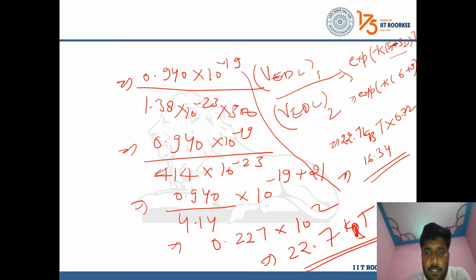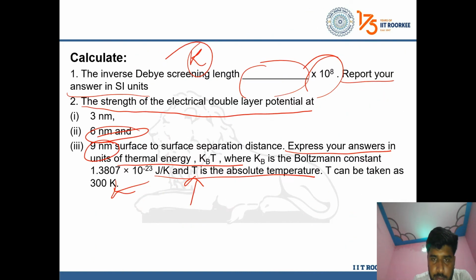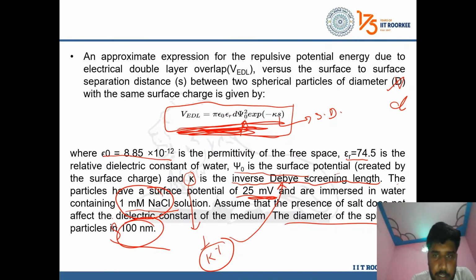For a quick answer, you have to just take the ratio. If you are getting this term, the 22.7 kBT for 3 nanometer, you can see this term is constant for all the separation distances.